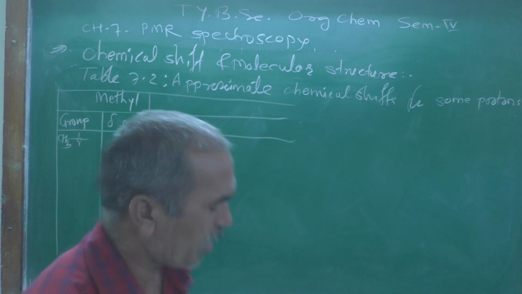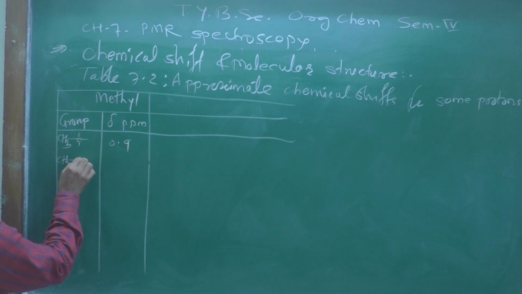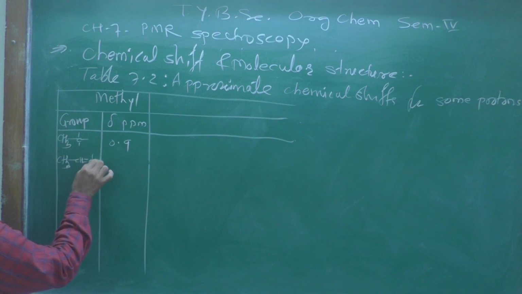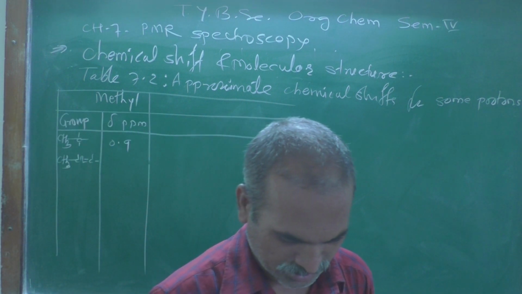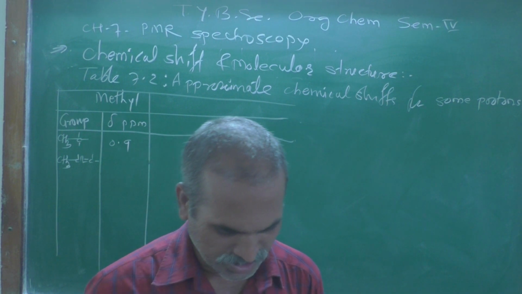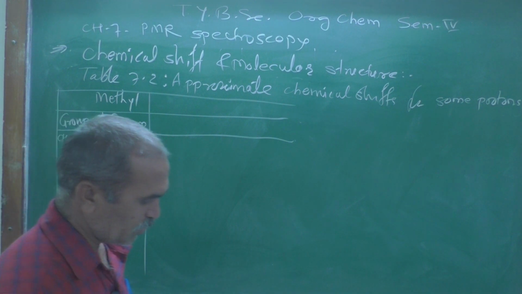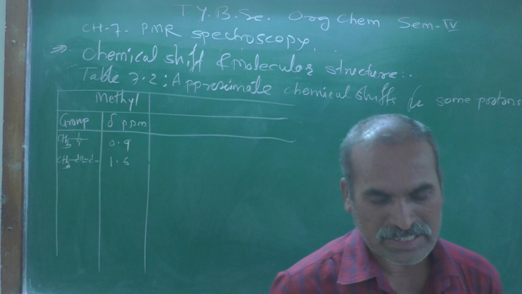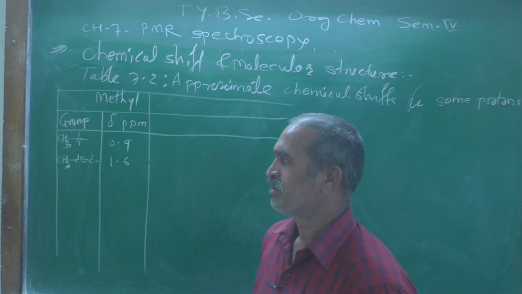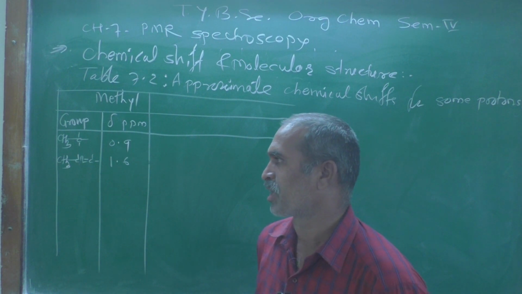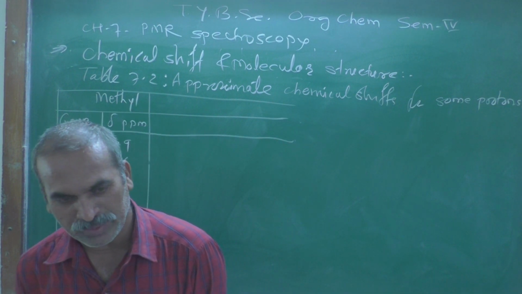Let us see the methyl group further attached to a double bond, that is an allylic proton, as we know, and it is found to be 1.6. Why is it deshielded? We explain that the allylic proton is deshielded due to the anisotropic effect.